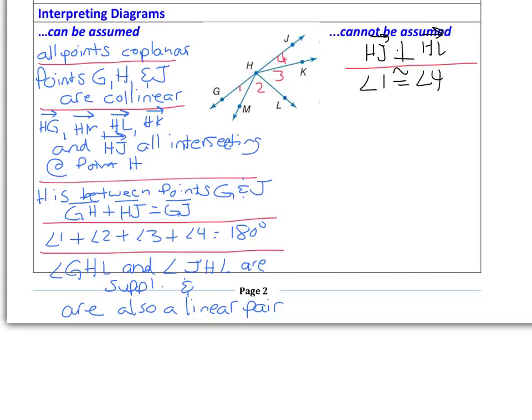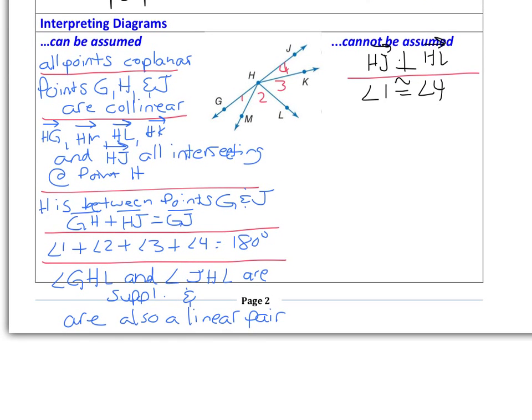Likewise, angle 2 and angle 3 appear to be congruent, but we cannot assume that because they're not marked that way. And finally, talking about segments, we cannot assume any segments are congruent here unless they're marked.